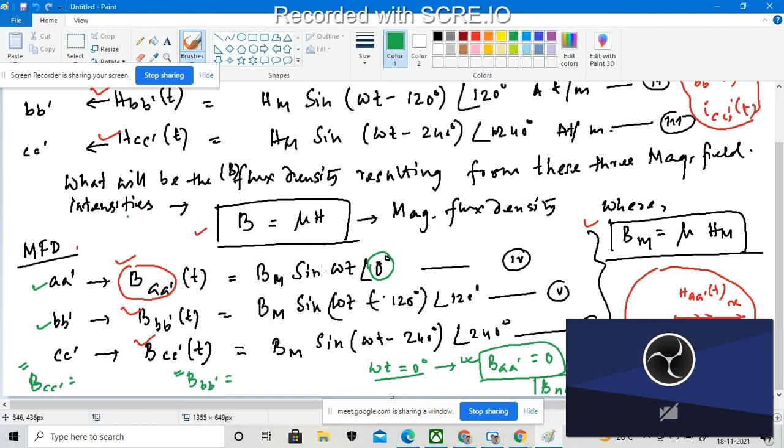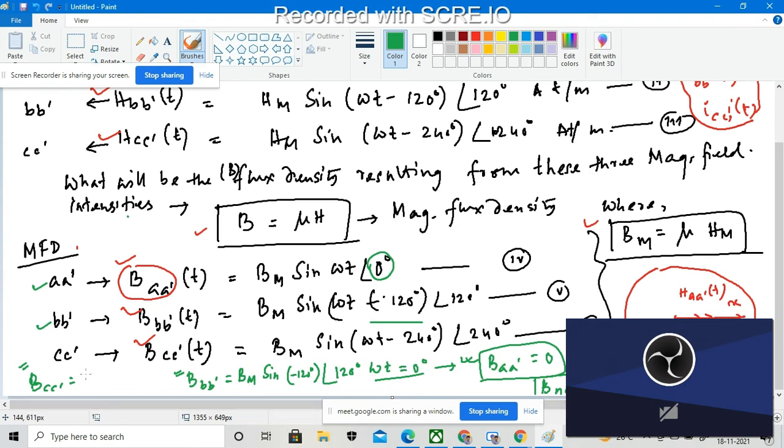That means your equation should be like this: Bm sine minus 120 degree at an angle of 120 degree. That will be my B dash.